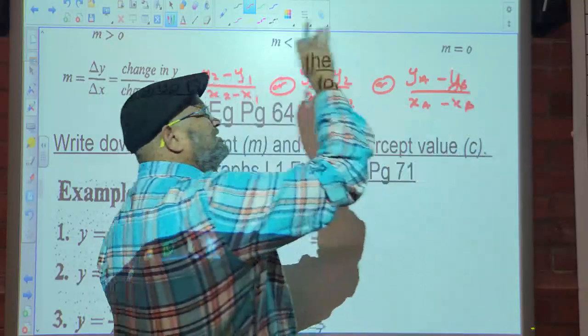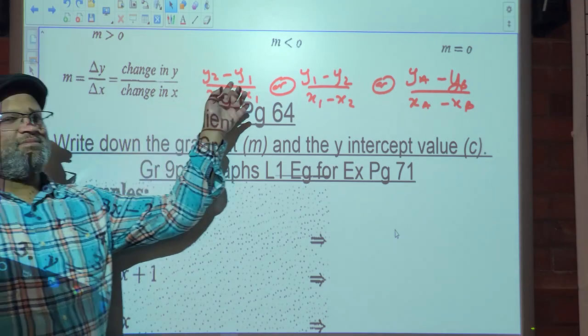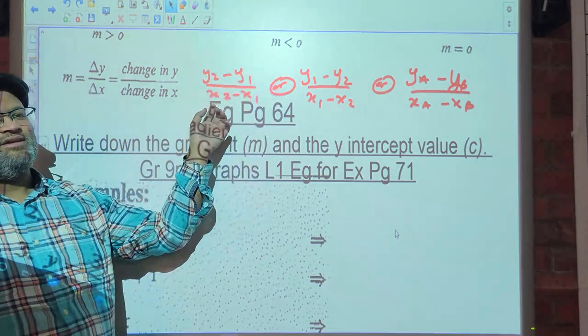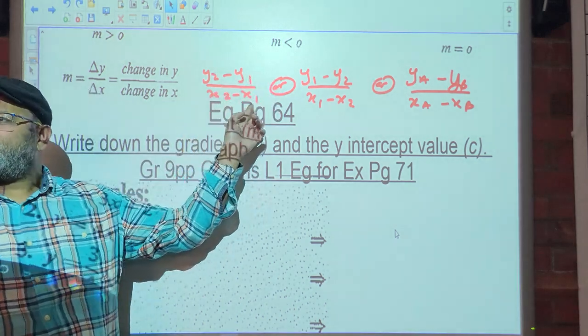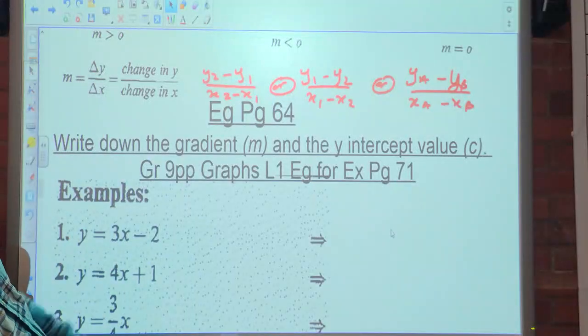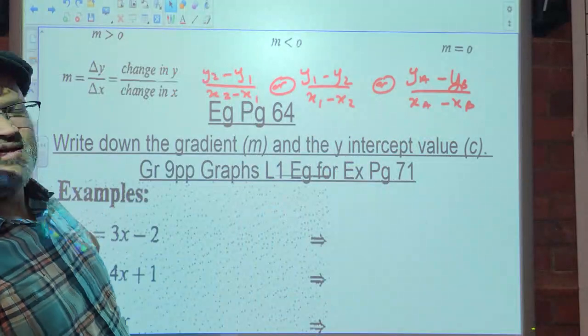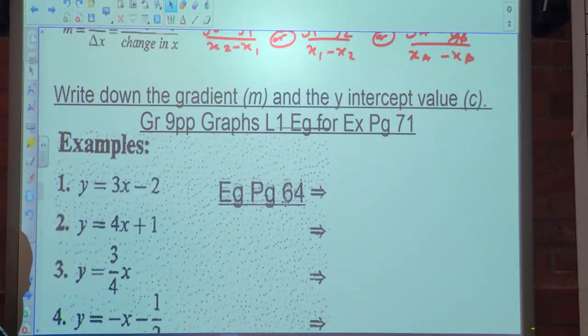And so on and so on. There's an infinite, different amount of ways you could have written that. Likewise, you could have said y10 minus y2 over x10 minus x2, and so on and so on. yp minus ya over xp minus xa. And so on and so on.